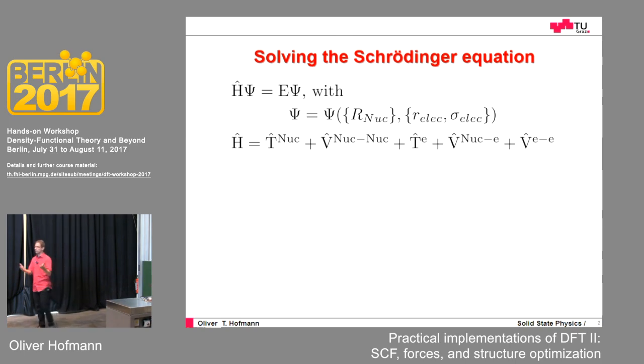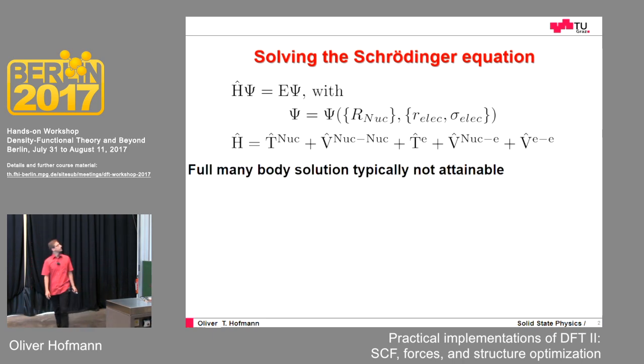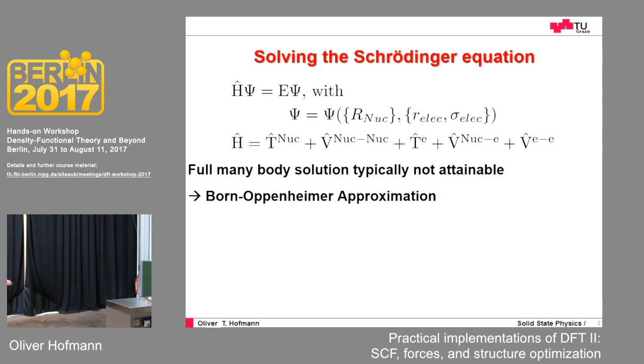The Hamiltonian, as you all know, and as Hardy Gross has discussed and presented earlier, we can separate into contributions from the nuclei, the kinetic part for the nuclei, the nuclear-nuclear interaction, the nuclear-electron interaction, the electron-electron interaction, and the kinetic part of the electrons. And as Hardy Gross has also said before, the full many-body solution is typically not attainable, or at least not easy.